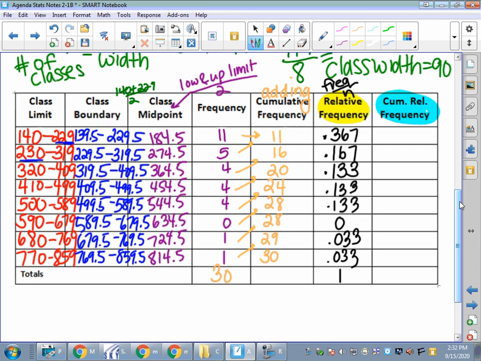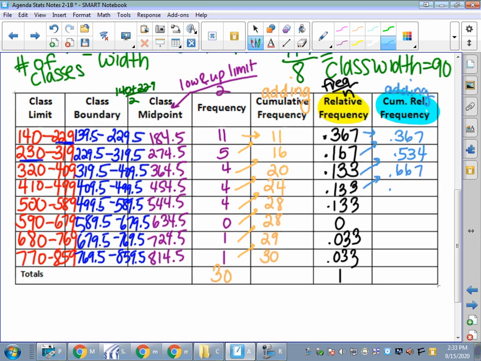So cumulative relative frequency is the same concept. This is adding again, but it's adding our relative frequencies. So I take this straight across, a 0.367. I add that on, and I get my next cumulative relative frequency. 0.534. And then I add that 0.133 on there, and I get a 0.667. And then I add that on there.